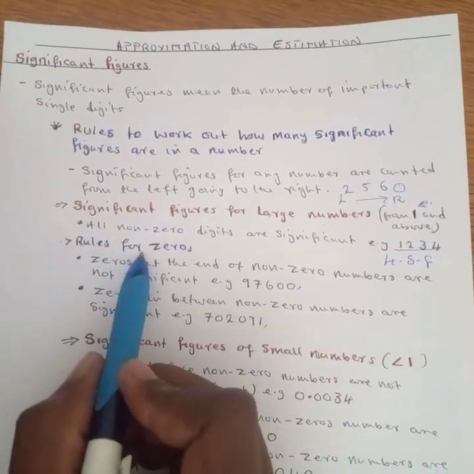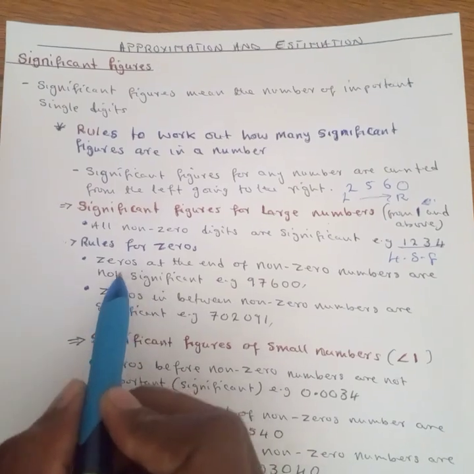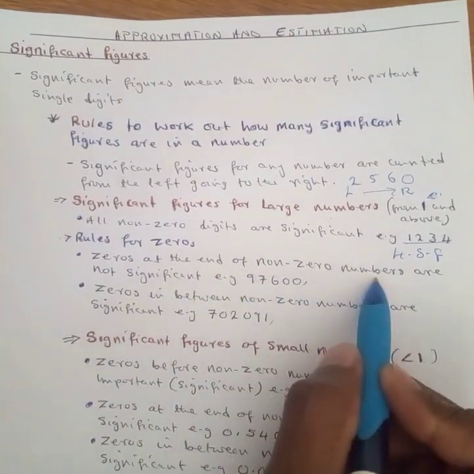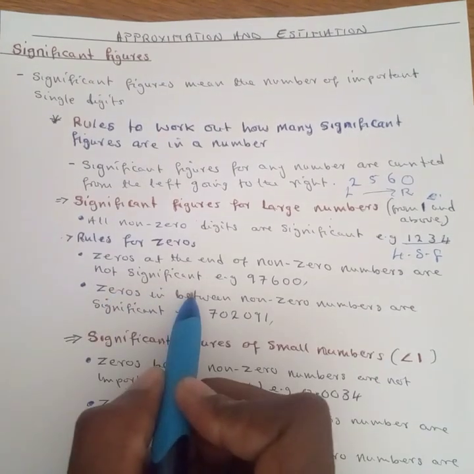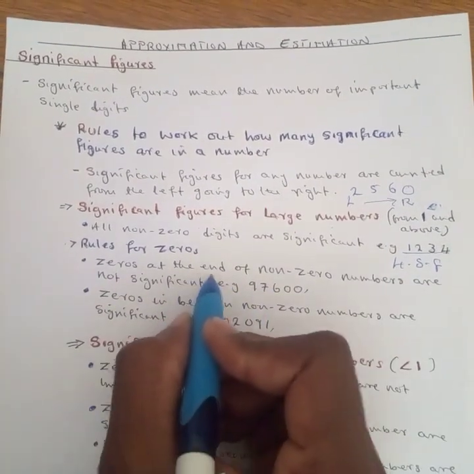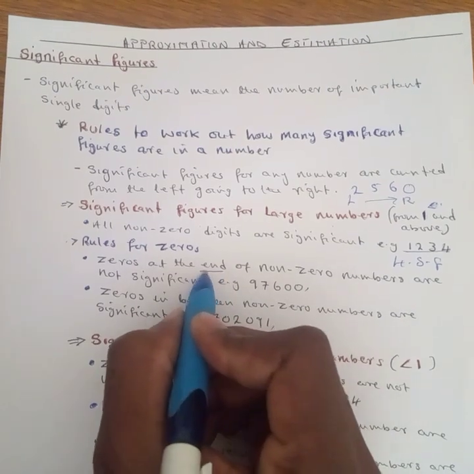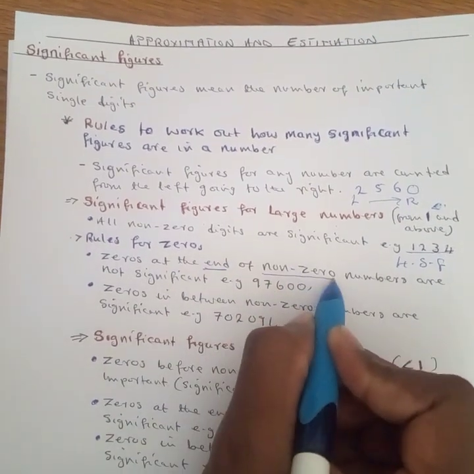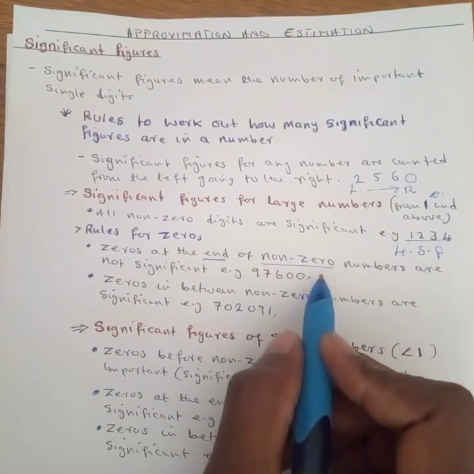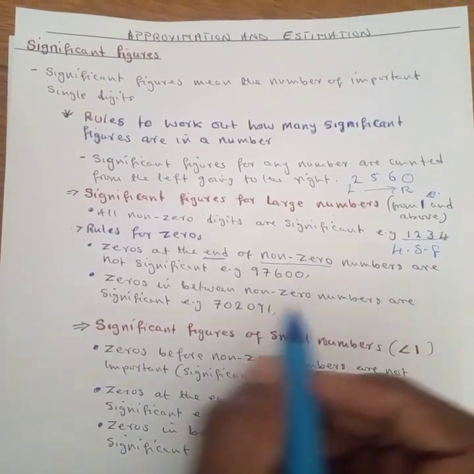Now, rules for zeros, where zeros are involved. We are simply saying zeros at the end of non-zero numbers are not significant. So zeros at the end of non-zero numbers like 1, 2, 3 are not significant.